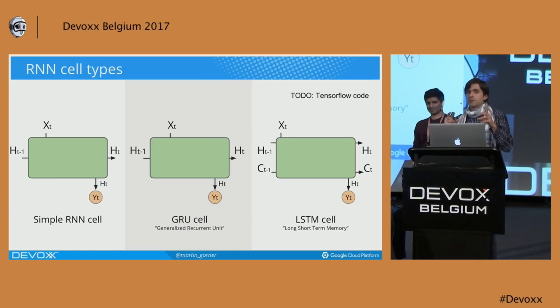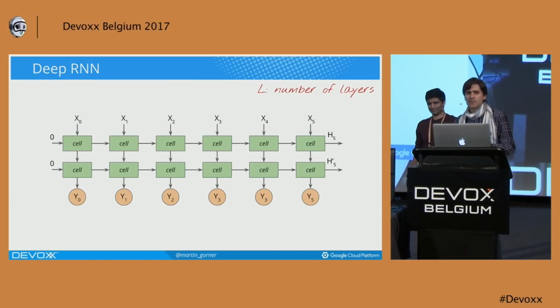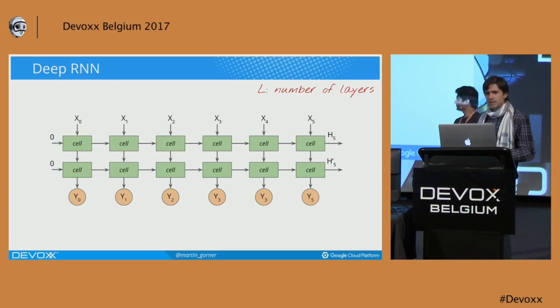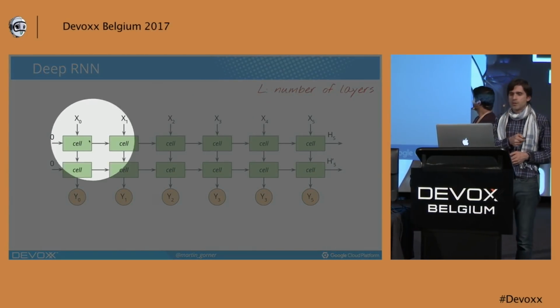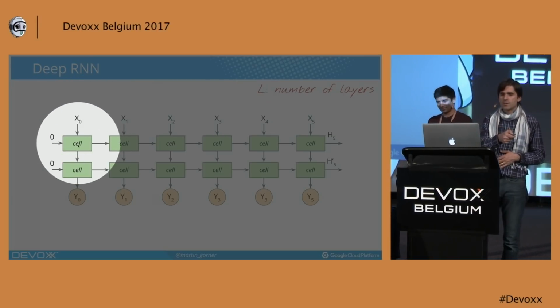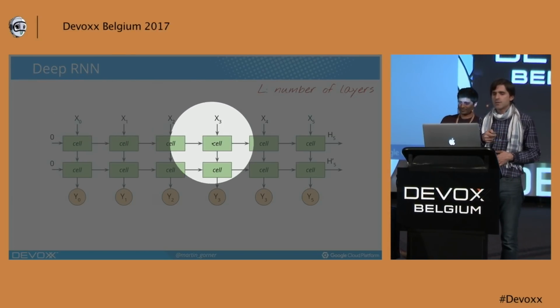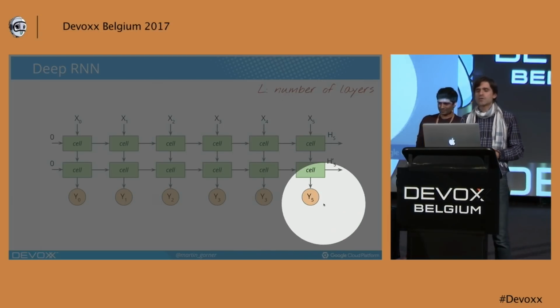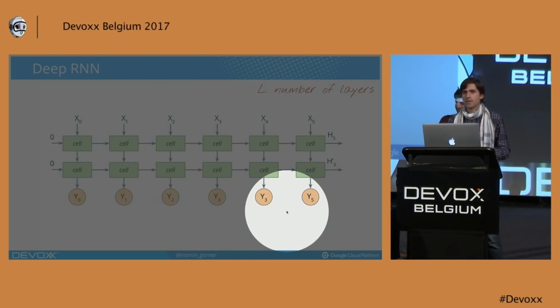The cell itself, one thing that people noticed is that this tends to be a very deep neural network. You enter data here, and it has to cross this neural network and this one and this one and this one and this one and this one until it reaches this value and produces something.